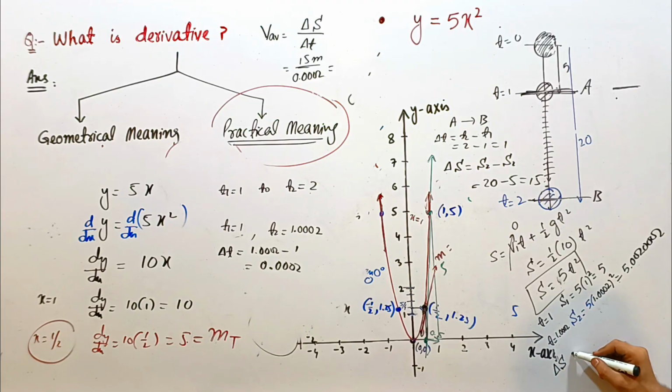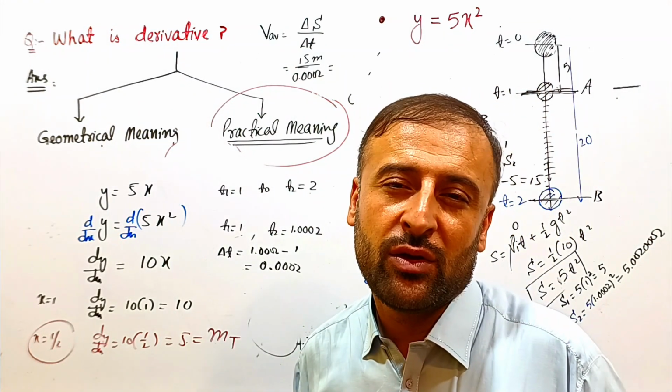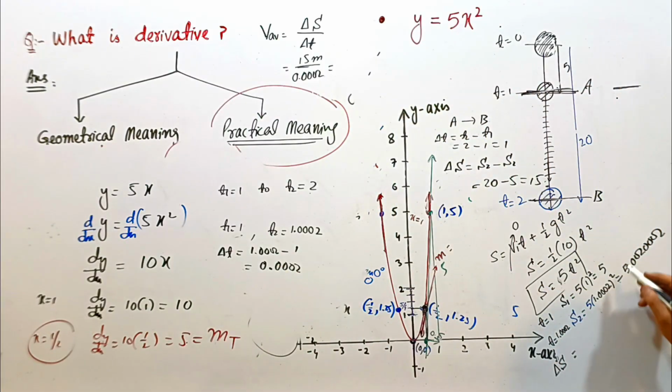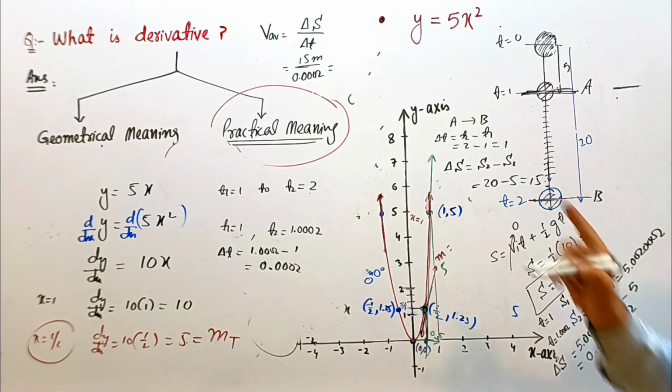Delta S means the distance traveled when the time went from 1 to 1.0002. So small delta t. Then delta S will be 5.0020002 minus 5, which is 0.0020002. This is the distance traveled in this small time.